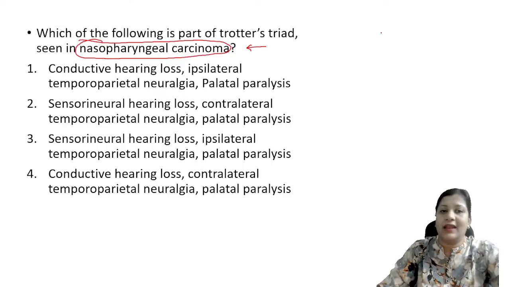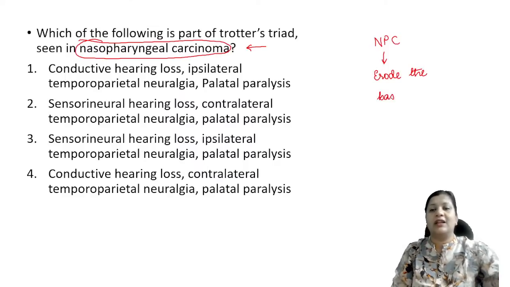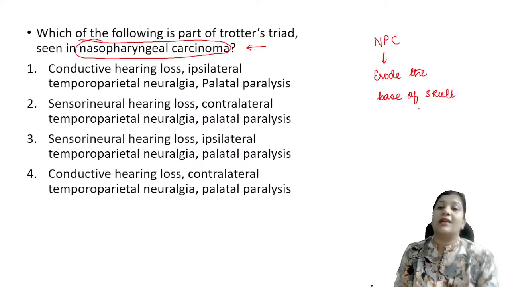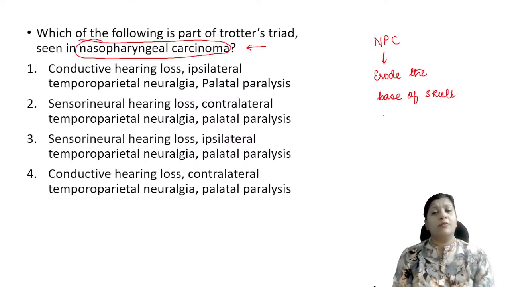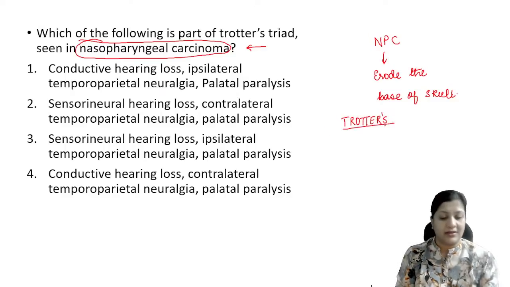Typically, nasopharyngeal carcinoma is known to invade or erode the base of skull. Since it erodes the base of skull, it can cause cranial nerve palsies. Which cranial nerves does it involve? It involves almost all the cranial nerves. But when we talk of Trotter's triad, there are two important cranial nerves that we are concerned with.